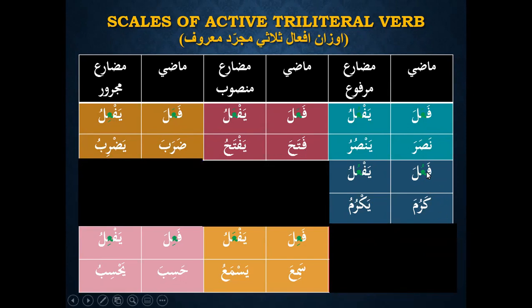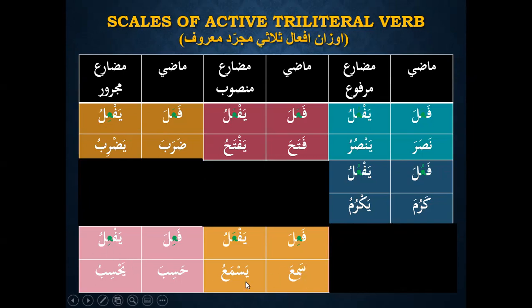And then Ain Kalima has Dhamma, and this one has Dhamma. Both Ain Kalima of Madi and Mudari have Dhamma, then it is Bab Karuma yakrumu. Other options are not available, so you don't need to think about them. It will never happen. And then likewise, if Ain Kalima has Kasra and Mudari has Kasra as well, that's a possibility which is here.